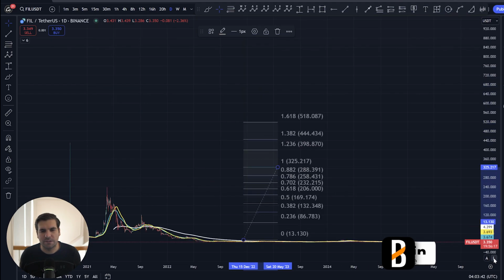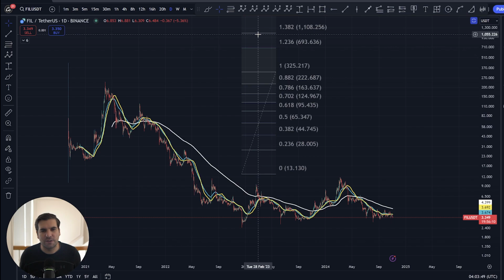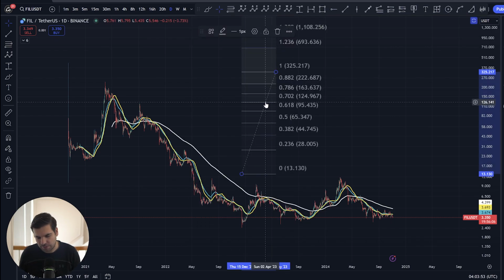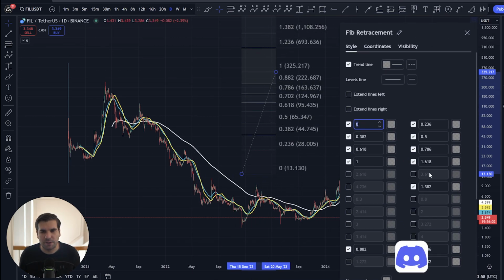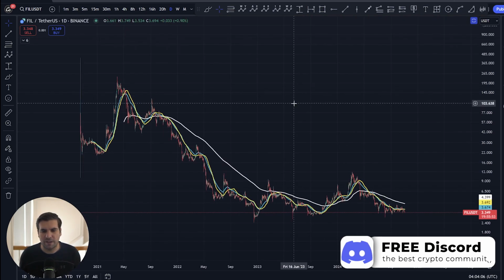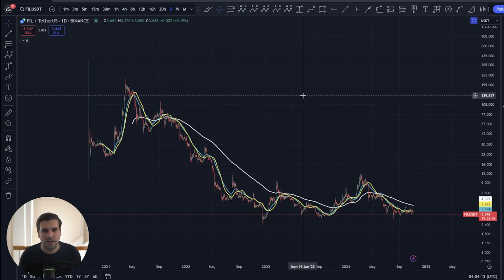That's what logarithmic looks like, and this is what it looks like without logarithmic. Because I use the logarithmic chart, I must have my Fibonacci also set to logarithmic. Very important note: if you don't do that, you're going to get the wrong numbers. For example, if my chart's in logarithmic but my Fibonacci tool is not, it would look like this and give you very different numbers, which is not helpful because you're going to get the wrong predictions. So we're going to make sure everything is squared up and in logarithmic style. Those are the two tools that we are going to use.